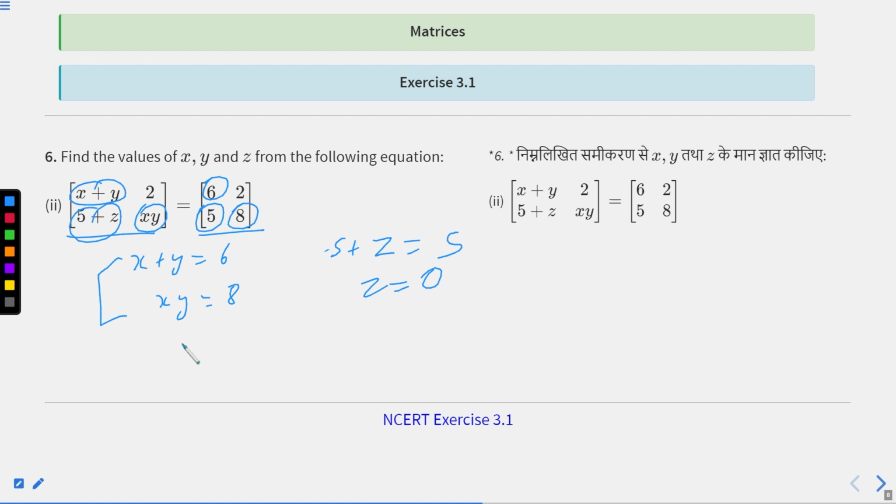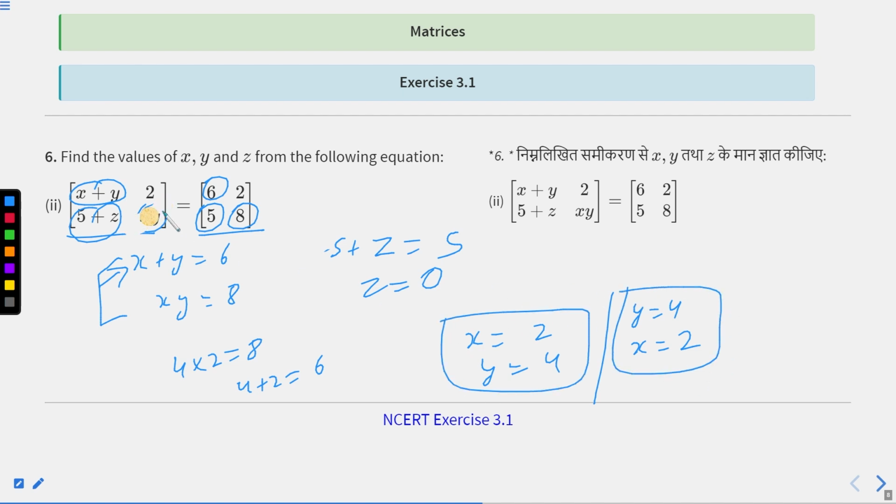So x times y is equal to 8, or you can think of it like this: can you think of any two numbers such that their sum is 6 and product is 8? Yes, 4 multiplied by 2 gives you 8 and 4 plus 2 will give you 6. So you can take x equal to 2 and y equal to 4, or even you can take y equal to 2 and x equal to 4. Both will work.